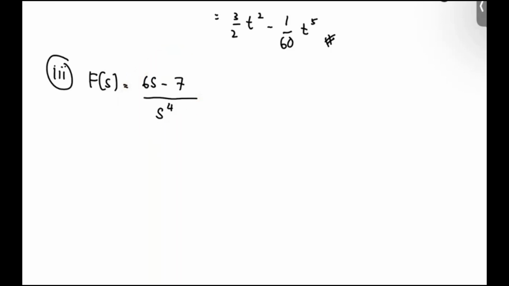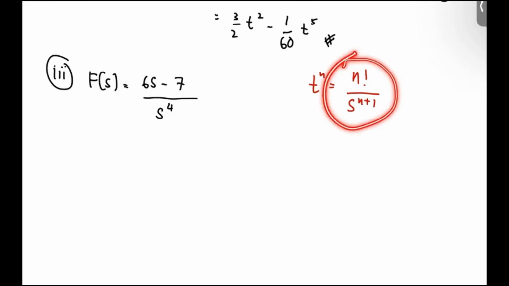So you need to rearrange, because you only have two things. You only have it if the denominator equals s to the power of n. The closest one that you can find is t to the power of n, which is equal to n factorial over s to the power of n plus 1.